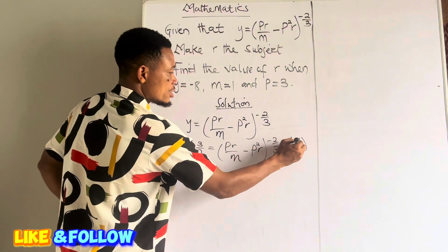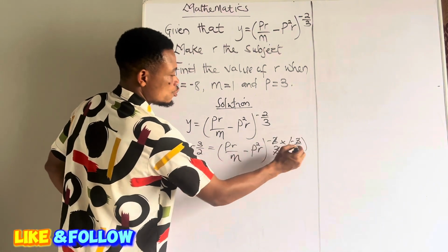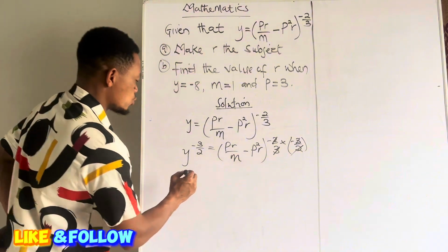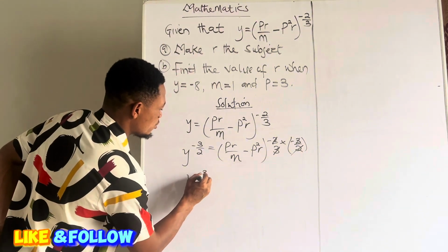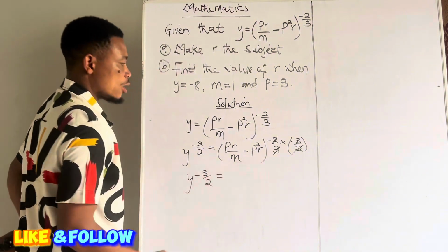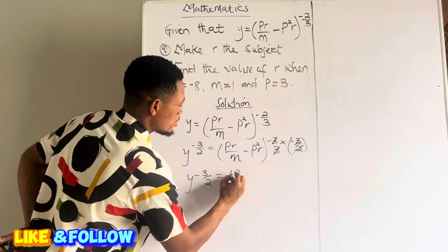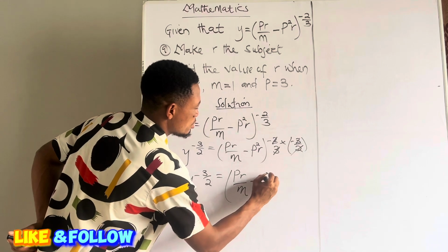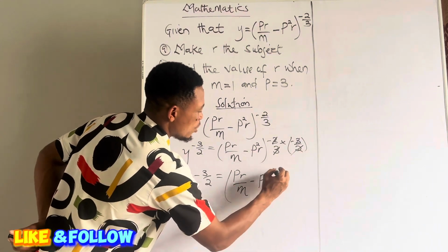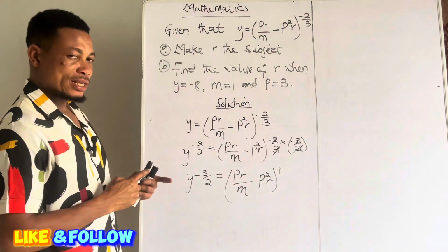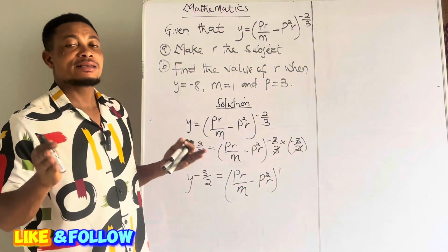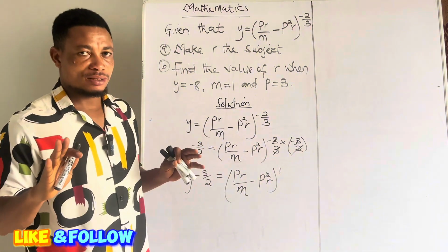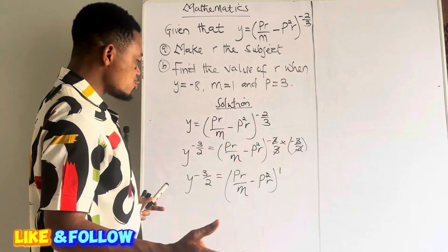So this 3 will go with this, these 2 will go with this. Good. So we have y to the exponent negative 3 over 2 equal to pr over m minus p square r to the exponent 1. And of course, any number to the exponent 1 is the same number. Don't forget.